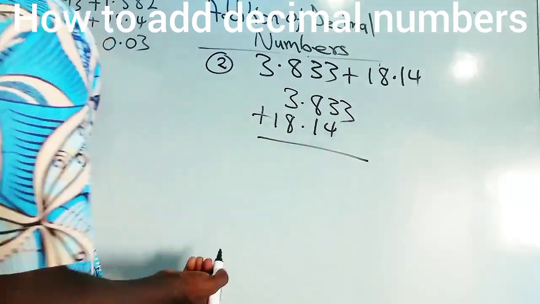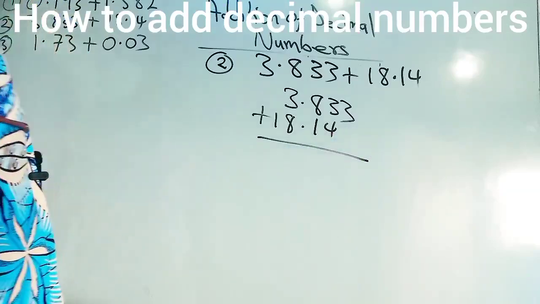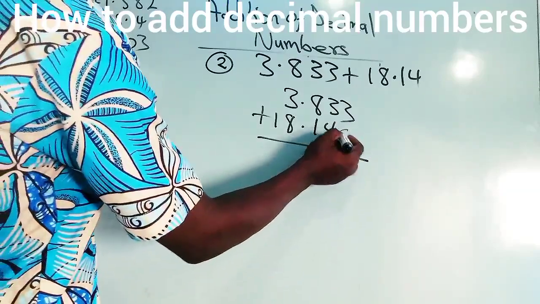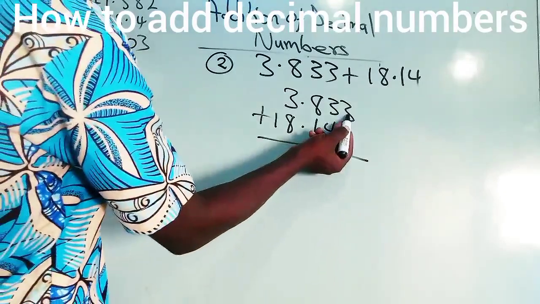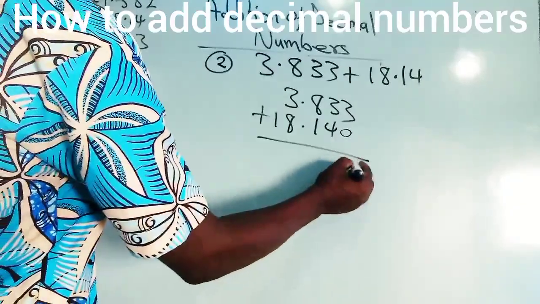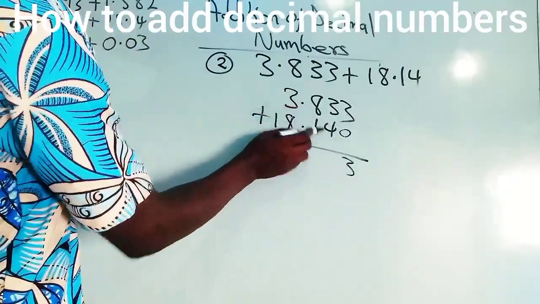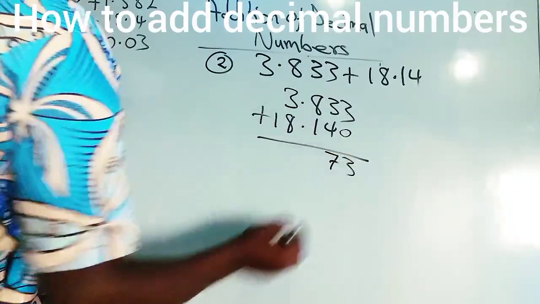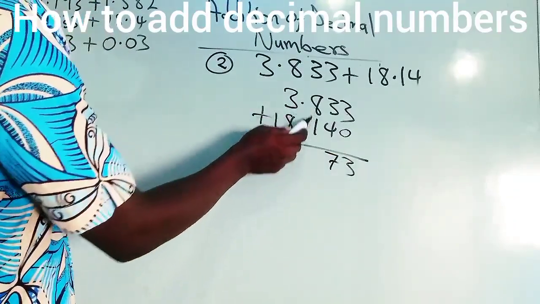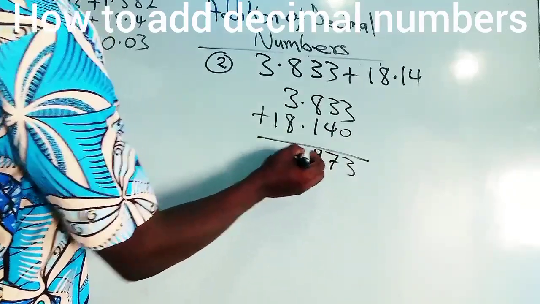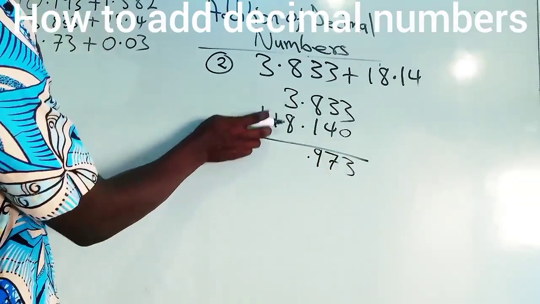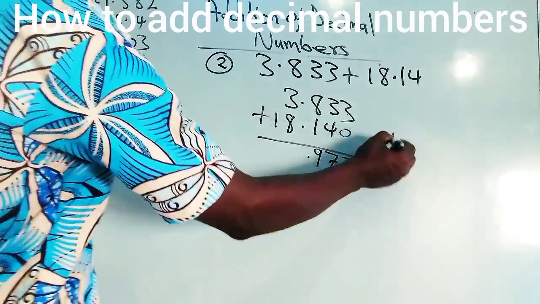Over here we have empty space. I can decide to leave it, but if you can't, you can write 0 here in place of it. It will not change anything though. So you have your 3 plus this 0 will give you 3. 3 plus 4 will give you 7. 8 plus 1 will give you 9. Point. The 3 plus 8 will give you 11.